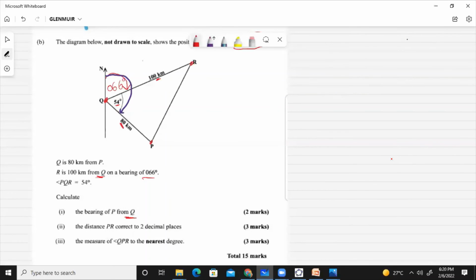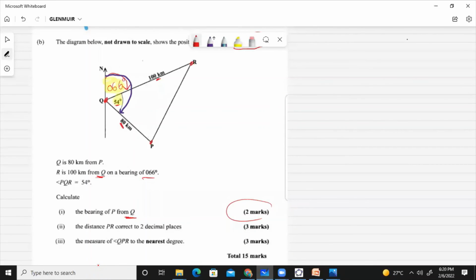All right. Now, when you look at this though, check it out. Luckily, well, I don't even know how to give 2 marks for this. I guess they want, oh, I think I know how. Because one would have been to interject that 66 that wasn't there, and the other one is the 54 that was given. Because you would notice that if we add these 2 values, we would have gotten the full angle, which is the bearing right there.